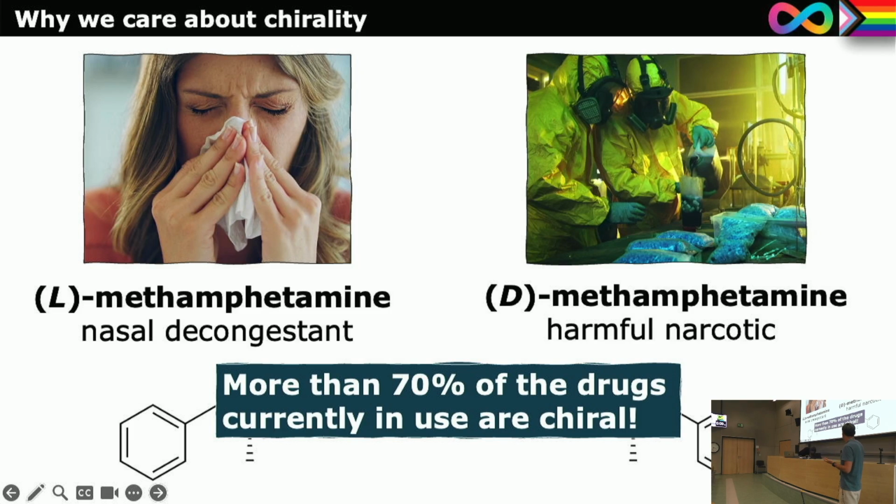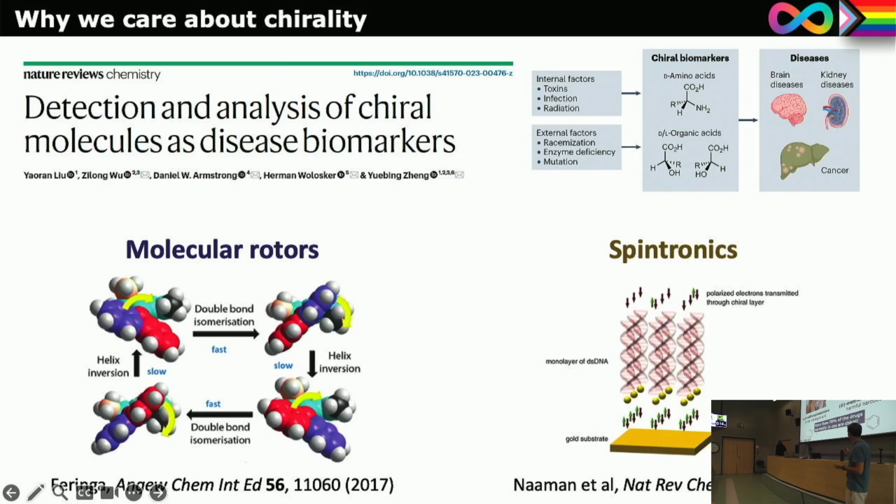And this is actually quite important because over 70% of the drugs which are currently in use are chiral molecules. In most cases, the differences are not as dramatic, but it is still very important to distinguish them and to separate them. Other examples of the importance of chiral molecules: they are now well established as chiral biomarkers, so it's now established that abnormal values of the enantiomeric excess of some biomolecules are correlated to cancer, kidney, and brain diseases. They're also very important for molecular rotors or spintronics.